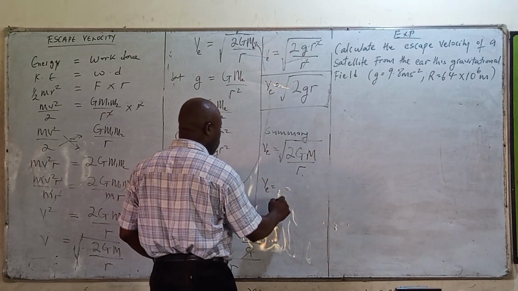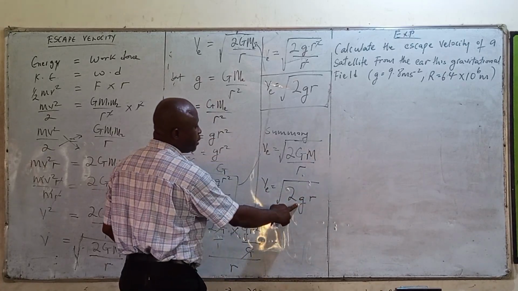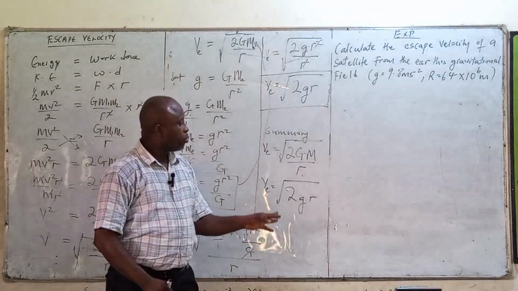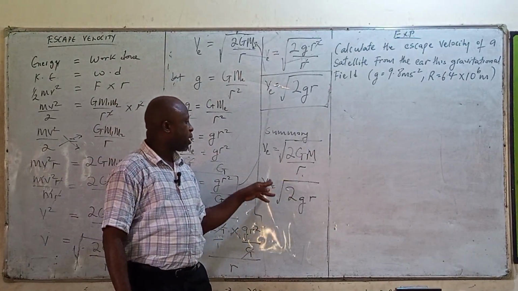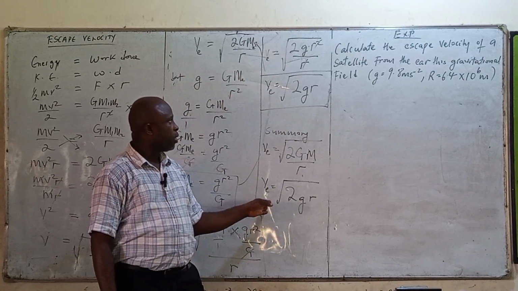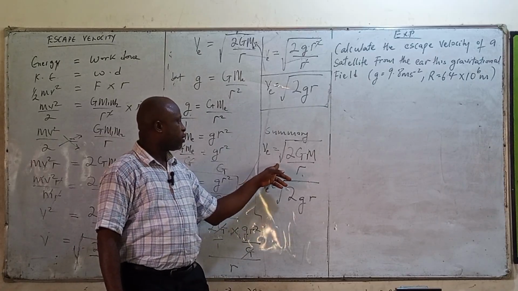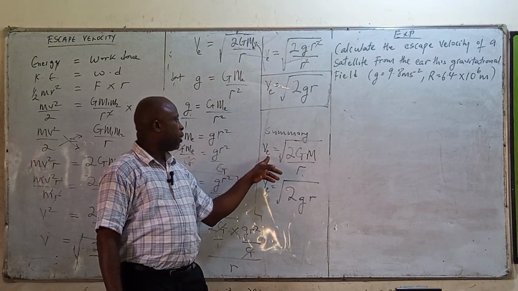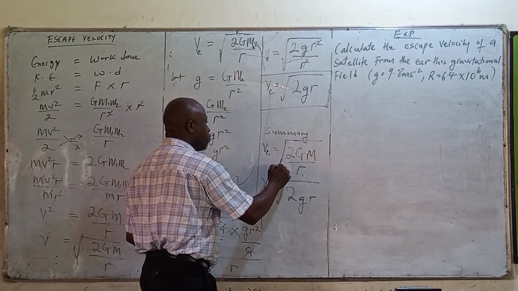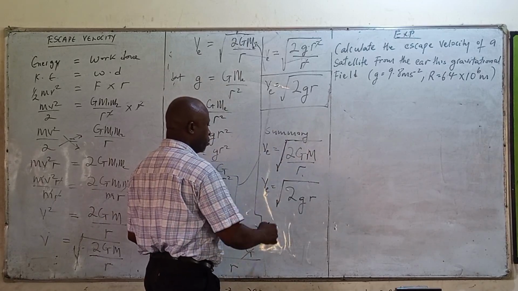The second is V equals square root of 2gR, written in terms of acceleration due to gravity. So with these two expressions, whenever you are given a problem based on escape velocity, the parameters will determine what to use. Don't forget that this square root is covering everything.